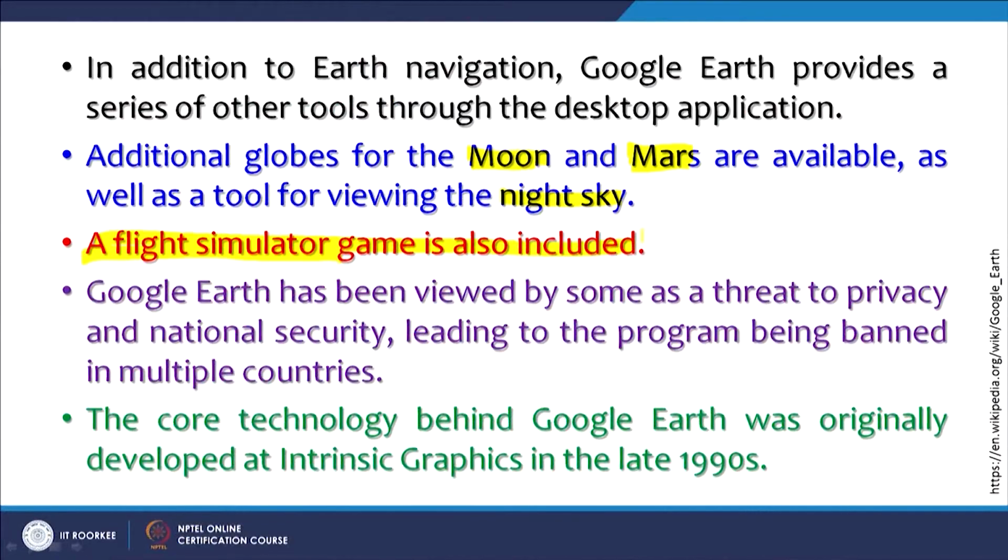Sometimes there were issues related to privacy and national security also. So some countries protested or contested with Google Earth to remove very high resolution satellite images of certain parts of the country. People made complaints, including India, and then Google Earth accommodated those things and got rid of very high resolution satellite images of those so-called sensitive parts of the earth, including parts of India.